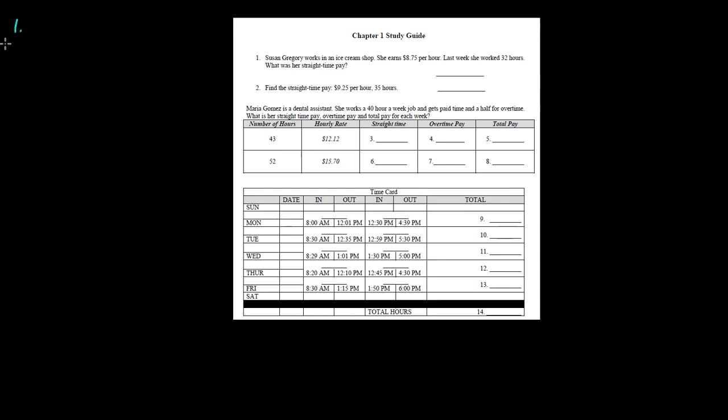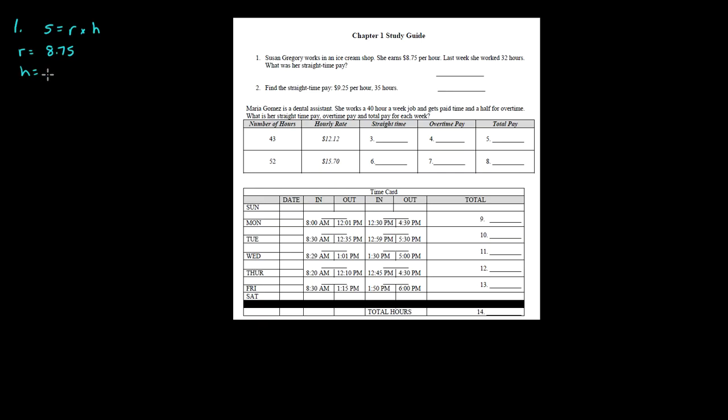In number 1, it says Susan works in an ice cream shop, earns $8.75 per hour. Last week worked 32 hours. What's her straight time pay? So remember, straight time is S equals R times H, where R is the rate of pay and H is the hours worked. In this case, the rate of pay is $8.75 an hour.